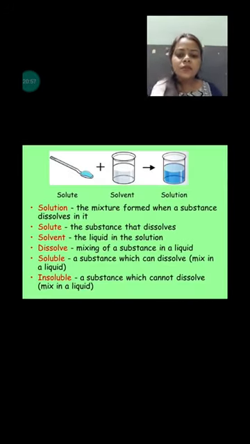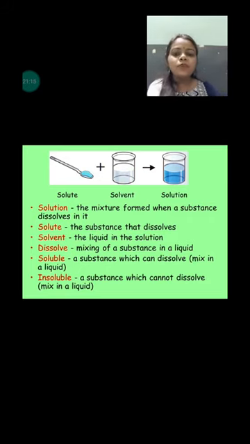The last topic is the solution, the concept of solvent, solute and solution. What is a solution? A solution is a liquid in which we put the solute.